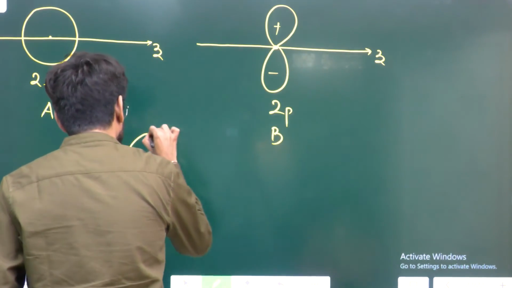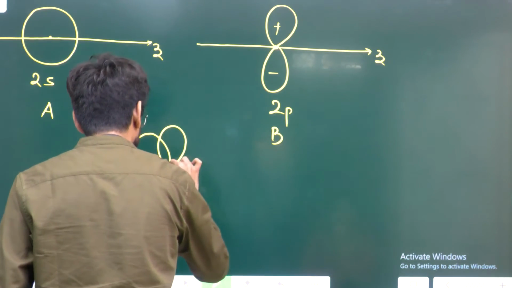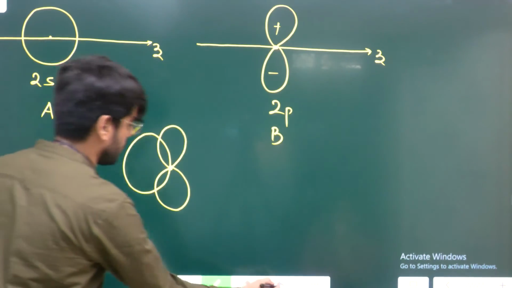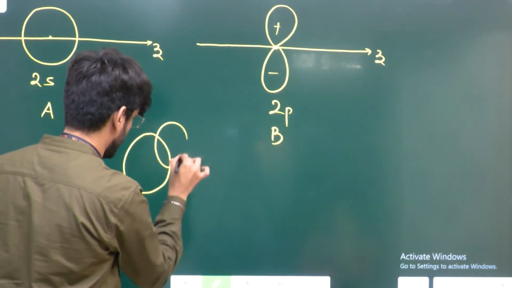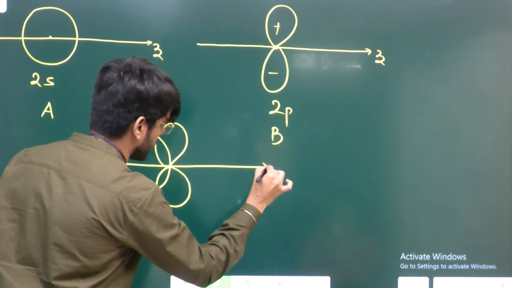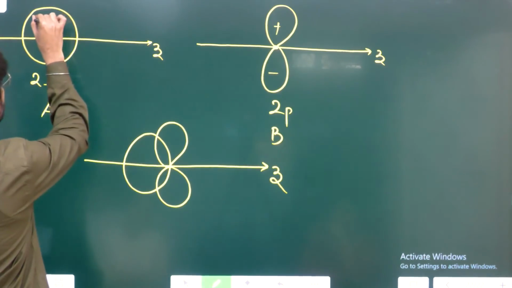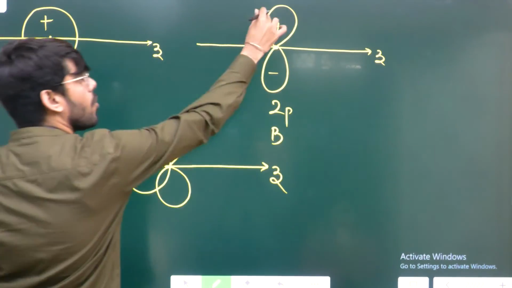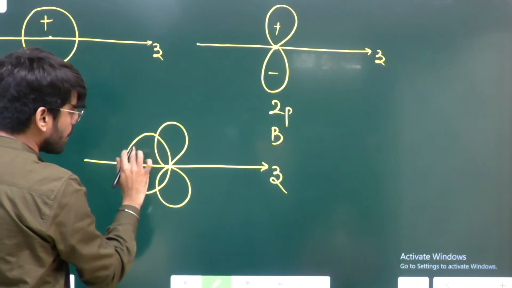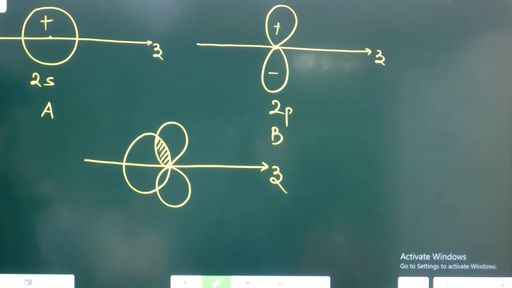So I have this, and this overlaps with this. This is my internuclear axis. Now, suppose I take this to be with positive phase, and this is for positive and negative. So see, positive, positive, constructive overlapping.